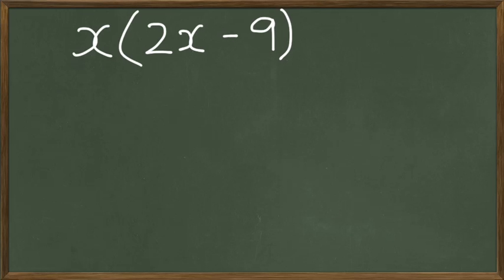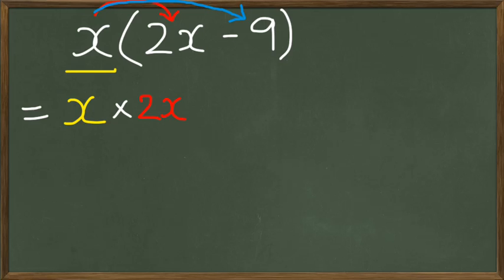Now, as usual, we're going to multiply the outside term with each term inside. We're going to multiply x with 2x, and we're going to multiply x with negative 9. So what you're going to end up getting is x multiplied by 2x.